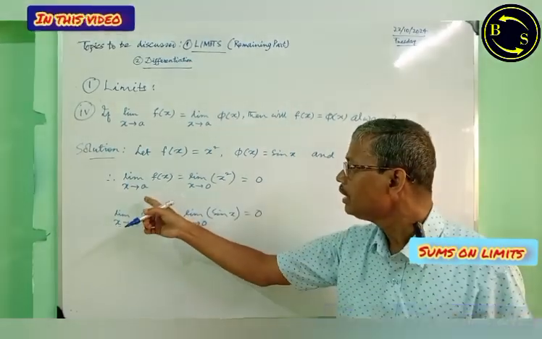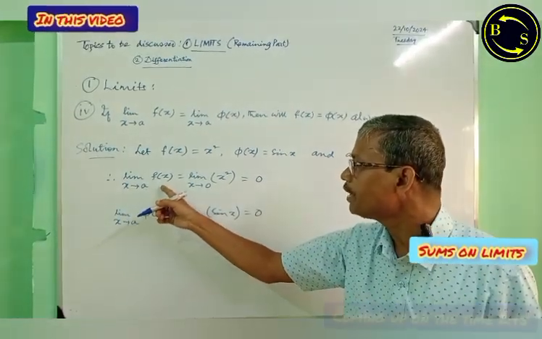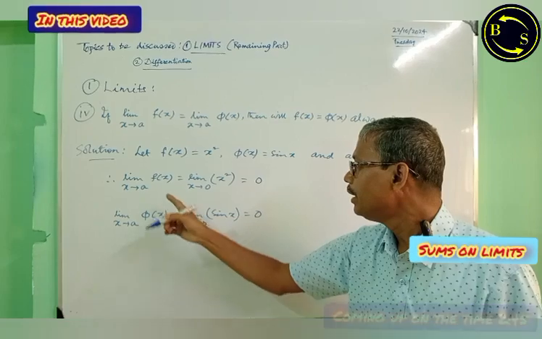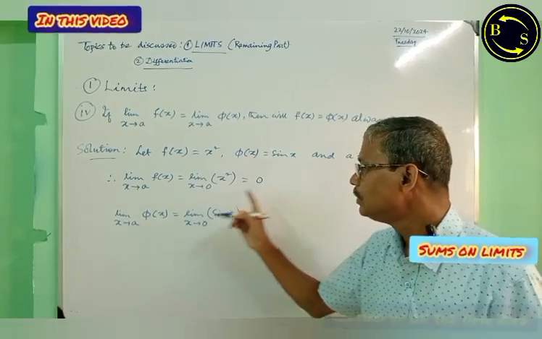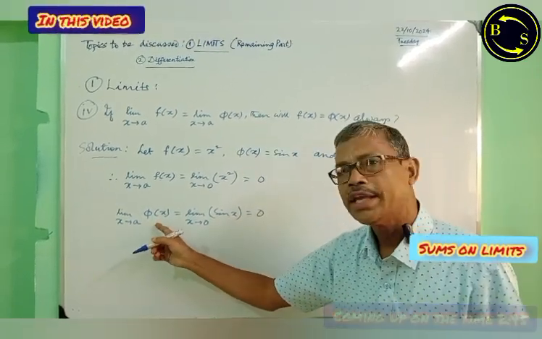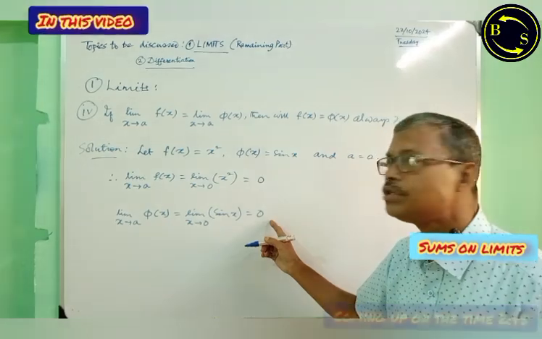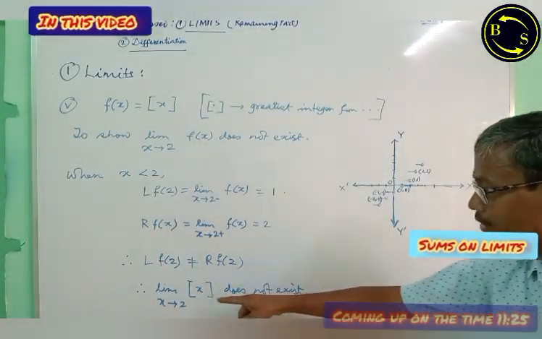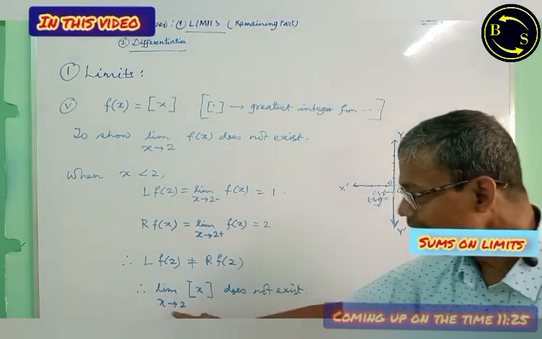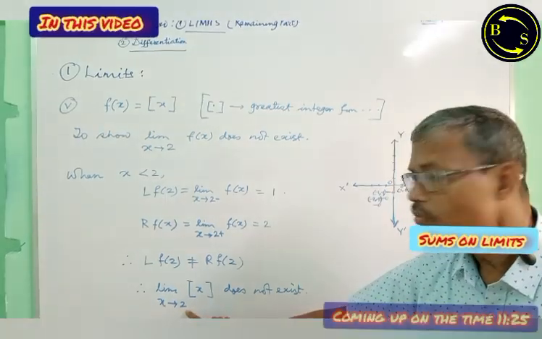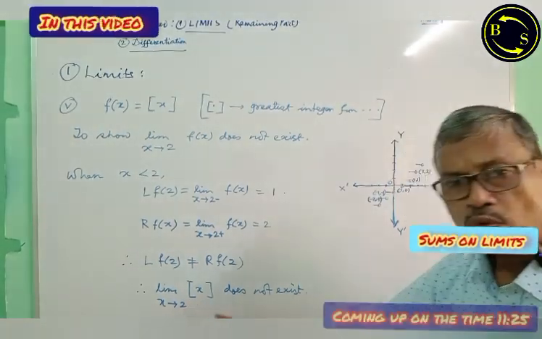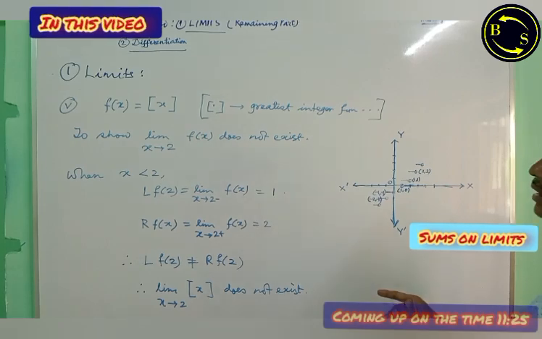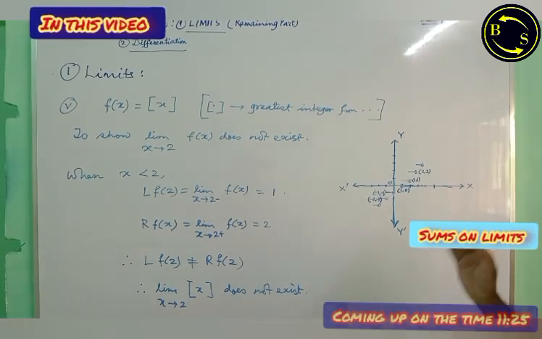Thus, we see limiting value of f(x) is equal to 0. Also, limiting value of phi(x) is equal to 0. Now, by drawing the graph, what we find when x is greater than 2, that means 2 less than or equal to x less than 3.